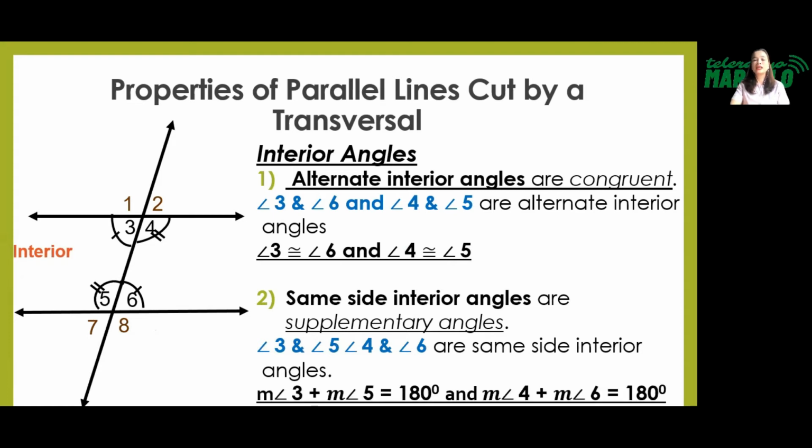So that the measure of angle 3 plus the measure of angle 5 is equal to 180 degrees, and the measure of angle 4 plus the measure of angle 6 is equal to 180 degrees.